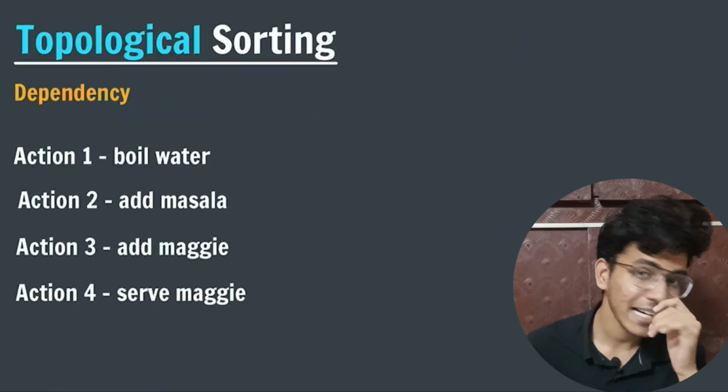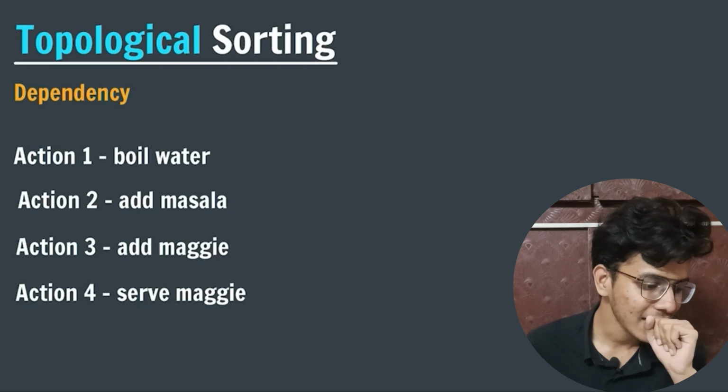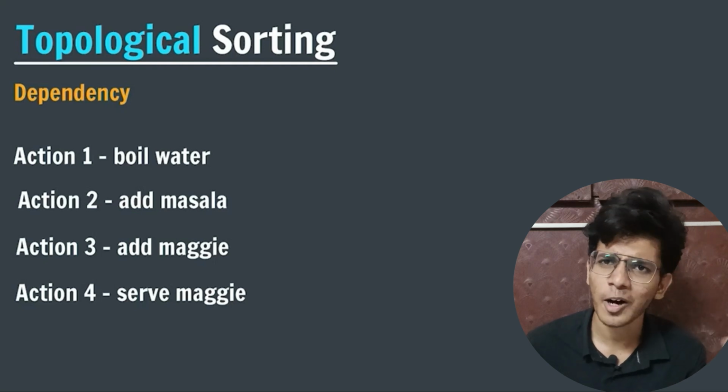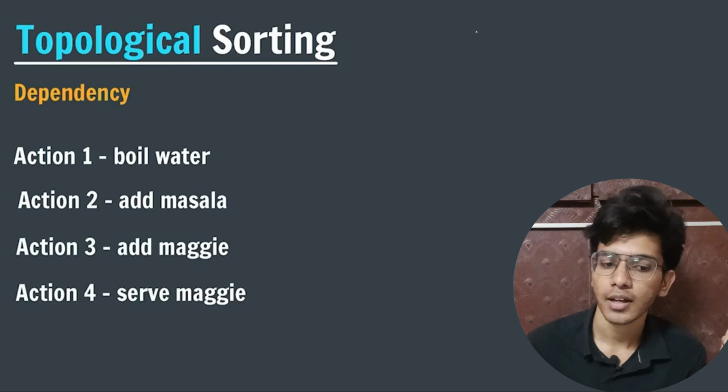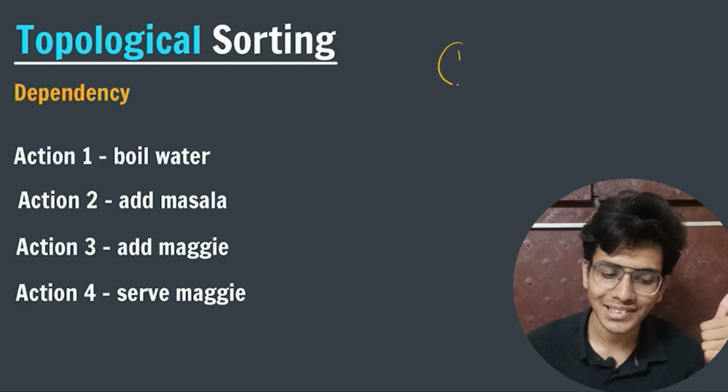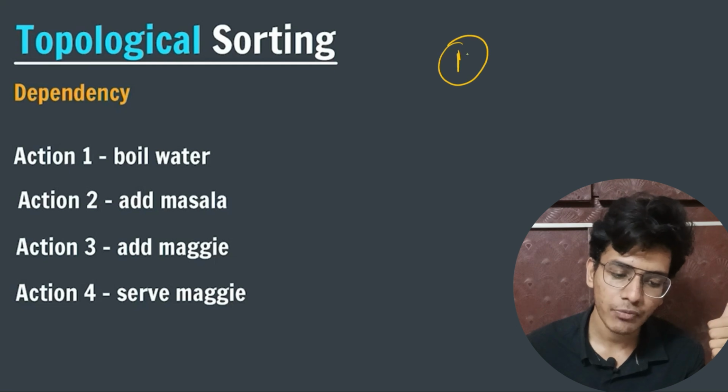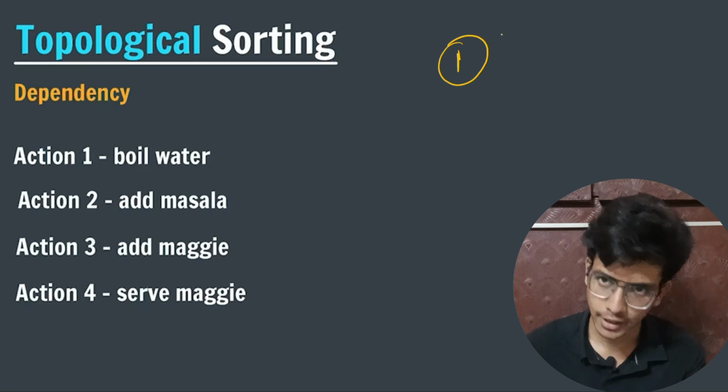Now if I want to take a real-time example, we all know how to make Maggi, right? So the first step will be to boil water. If I represent the first step as a single node, then the first step is that I need to boil water.